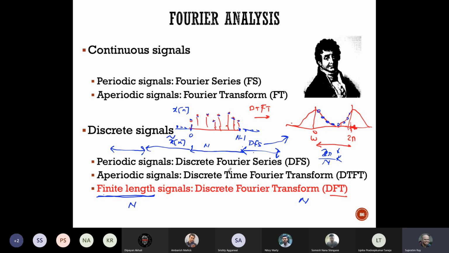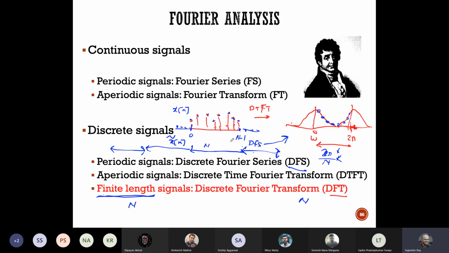And it also happens to be the discrete Fourier series coefficients of a signal that is obtained by periodically appending this original signal of length n. Okay, and this is called the discrete Fourier transform.